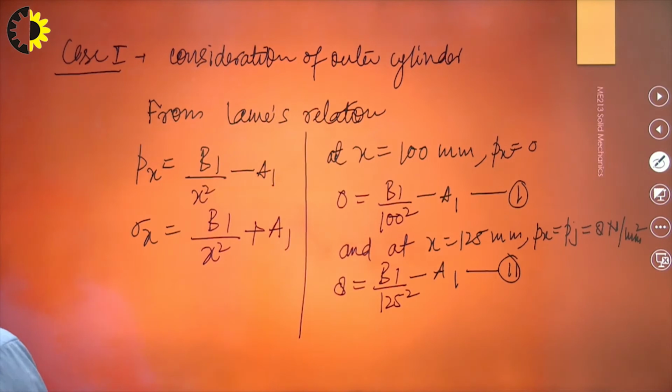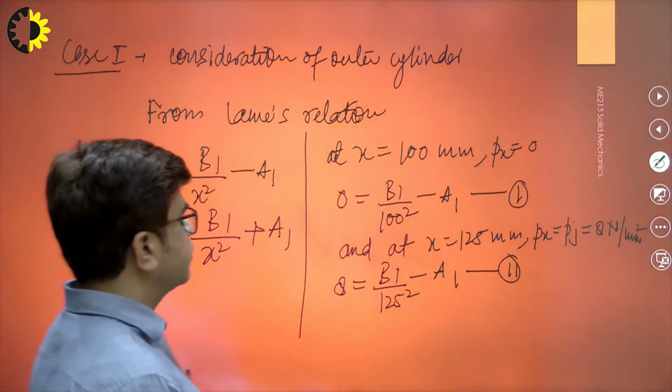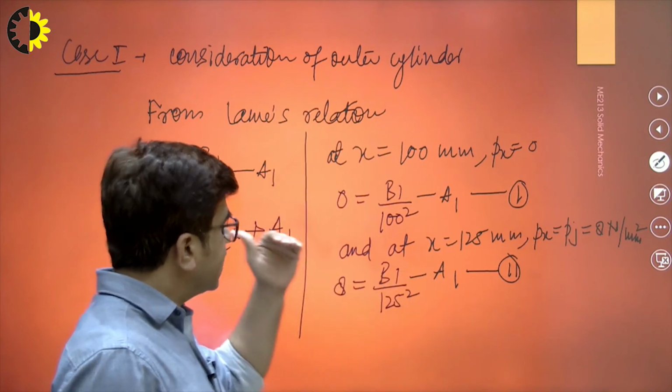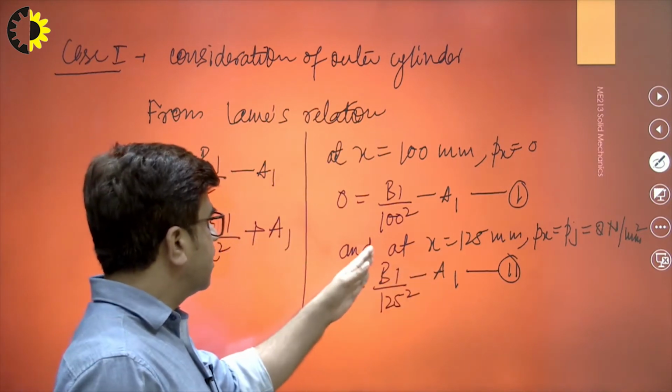If I see equation first and equation second, these two equations, I can get the value of A1 and B1.